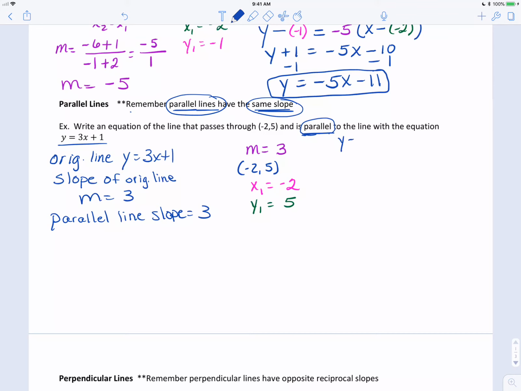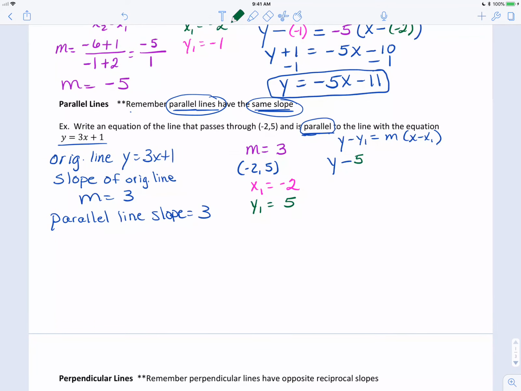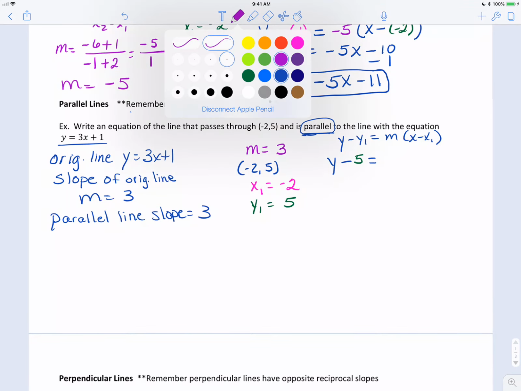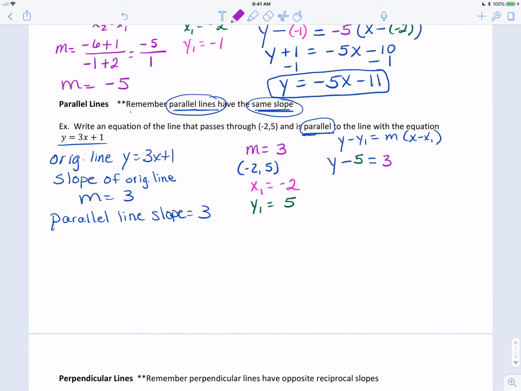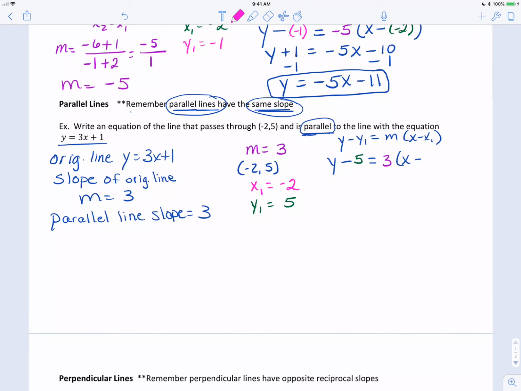So again, y minus y1 is equal to m times x minus x1. Okay, so y minus y1, which was our 5, is equal to m, which is 3 in this case, times the x minus x1, which was our -2.